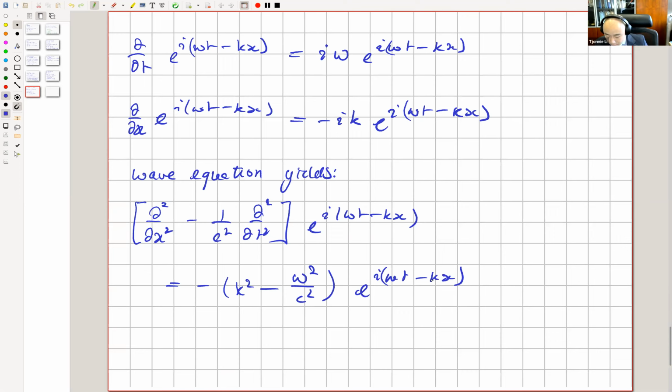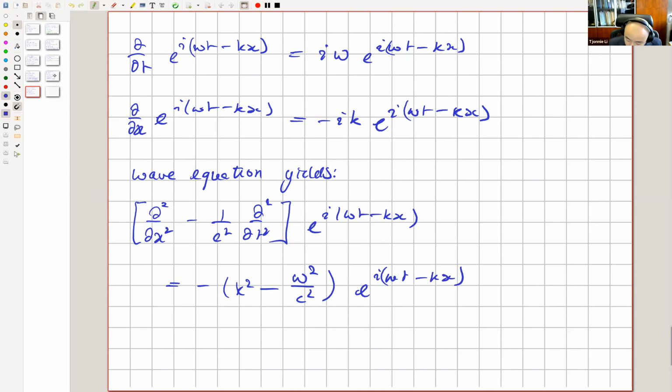And so what we see here is that we end up satisfying this equation when the inside here equals 0, right?